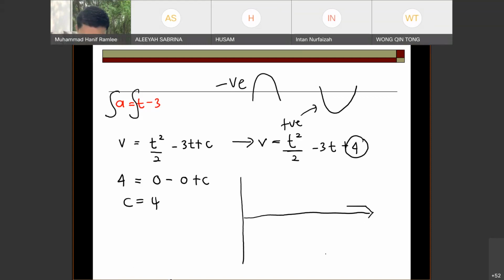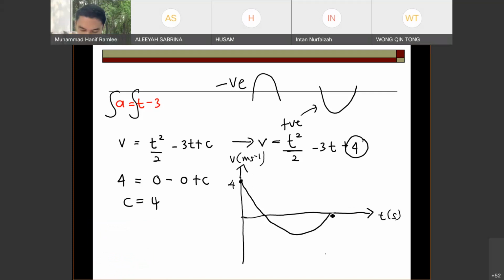Oops, sorry. Okay, so put the axis with the unit, T with the unit. So intersection at 4 here, and the smiling graph should be like this.